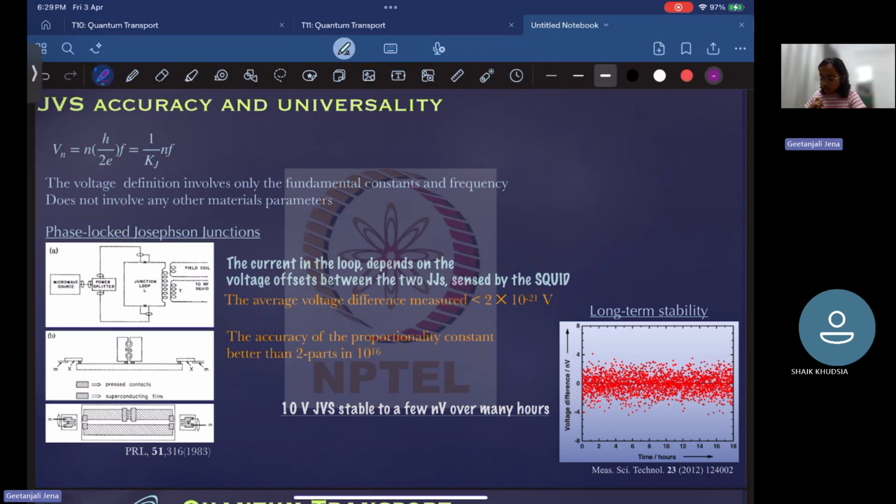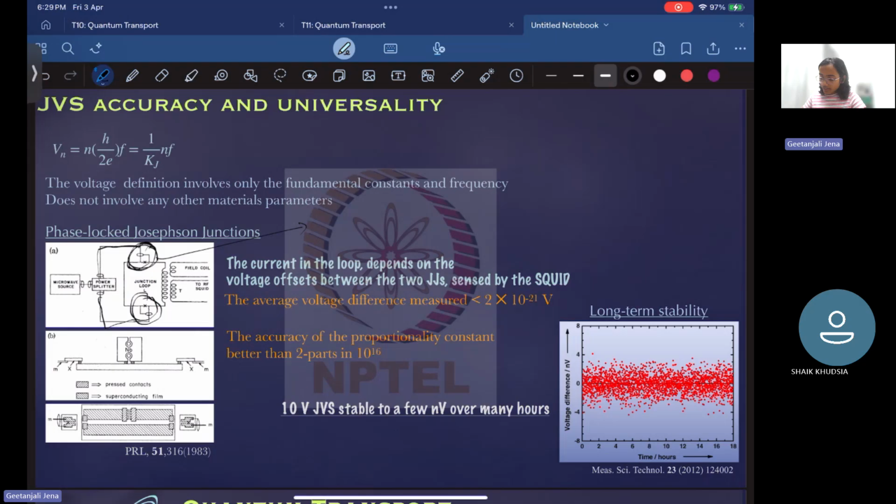To calculate the error, the experiment that has been done is that they have taken two Josephson junctions, and they have applied the same AC frequency across these two Josephson junctions. So that means the phase locking or the Shapiro steps for these two individual Josephson junctions would be the same.